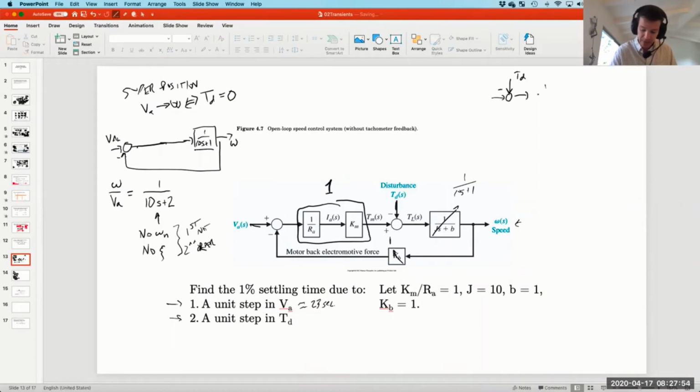And let's just redraw everything right quick here. This is omega. And now V sub A, we are setting to be the 0 signal. So this is a plus, this is a minus, this is still unity feedback, and this is unity gain.